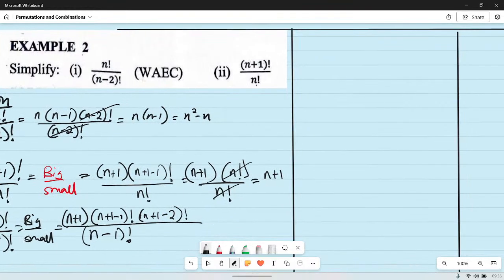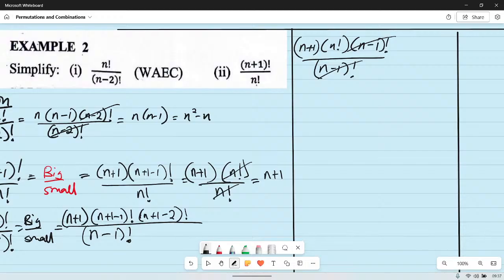Okay. So it becomes n plus 1, n factorial. Good. So the answer becomes, but still, we have n factorial.